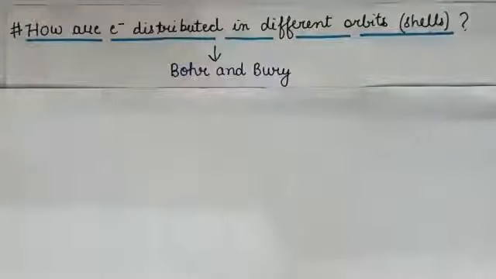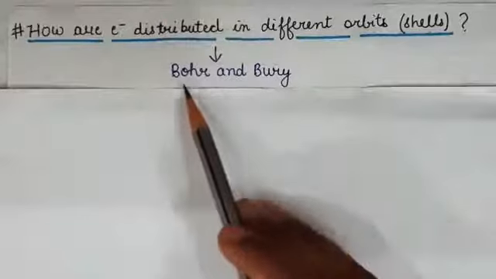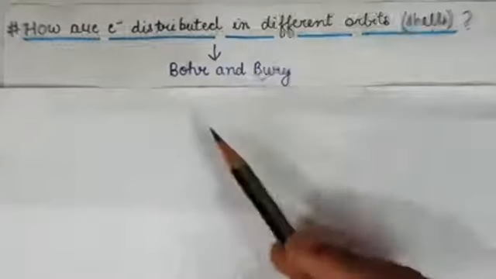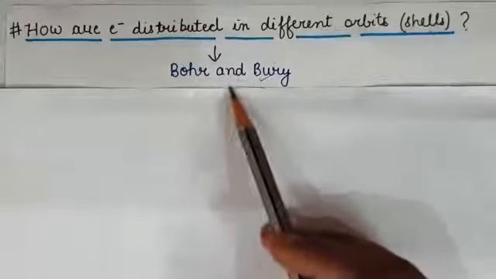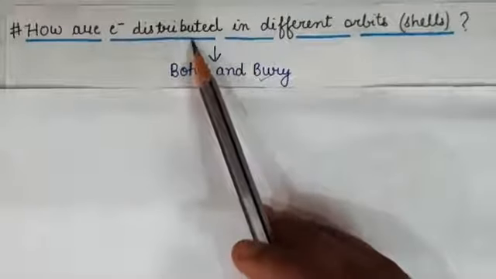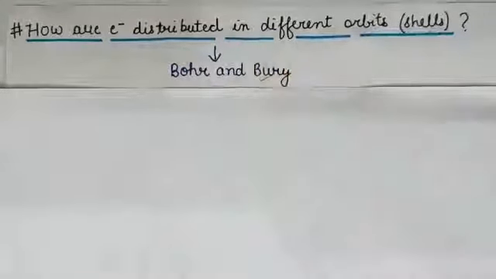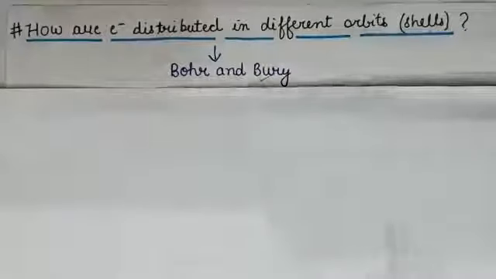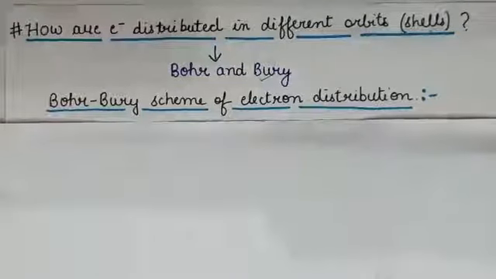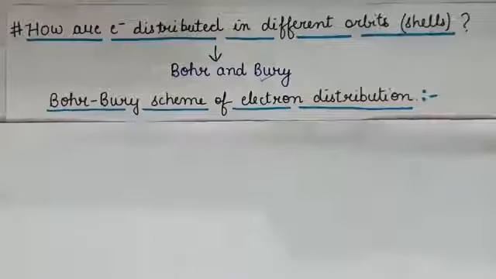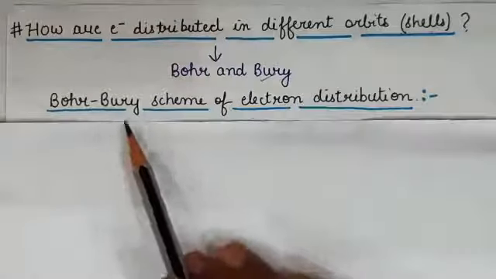The distribution of electrons into the different orbits of an atom was suggested by Bohr and Bury. These were the two scientists who gave how the electrons are distributed in the different orbits. So we can also say the Bohr and Bury scheme of electron distribution, because it was given by Bohr and Bury.